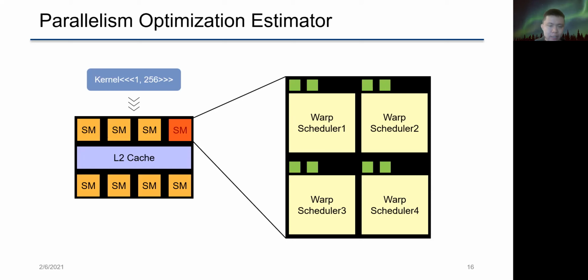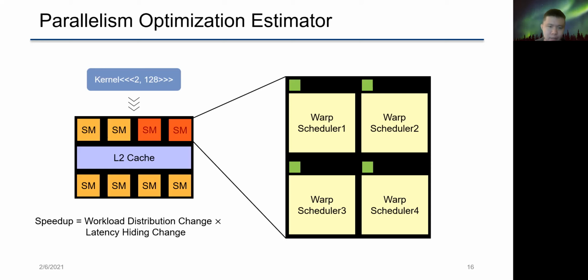If we change the thread distribution to 2 blocks and 128 threads per block, then each SM only has 4 warps. In this case, to estimate the speed up of parallelism optimizations, we estimate the workload distribution change multiplied by the latency hiding change inside each SM.